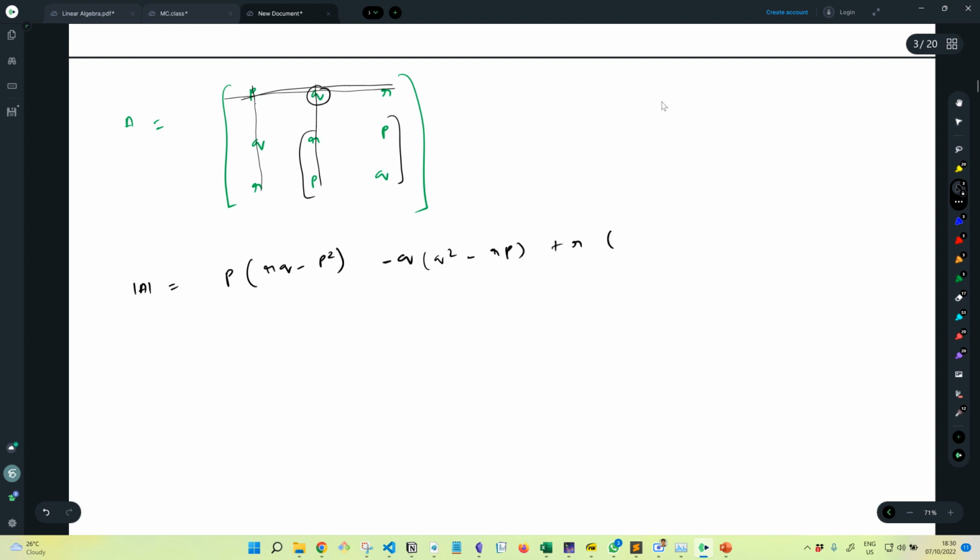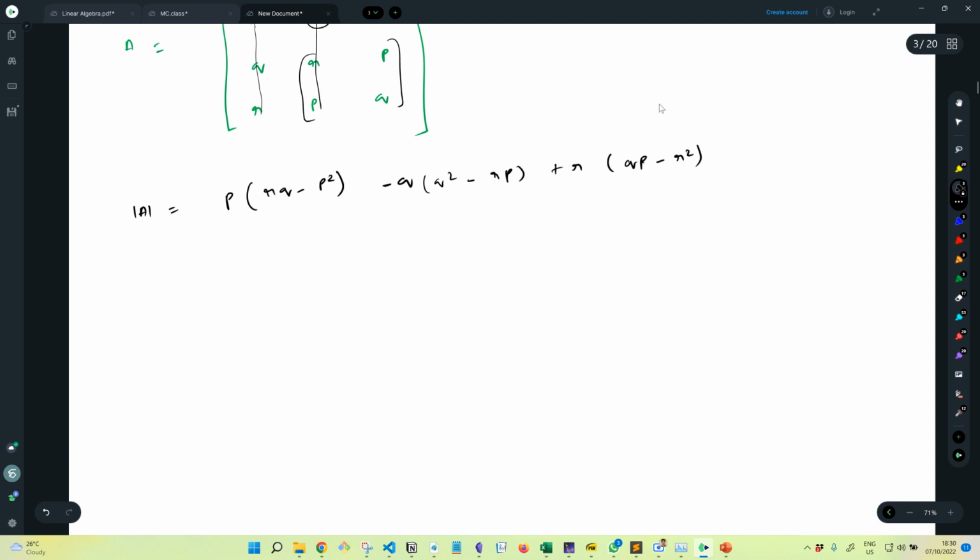Similarly, I'll get plus r times (qp minus r square). Now let me expand this equation. So I'll get pqr minus p cube minus q cube plus pqr plus pqr minus r cube.